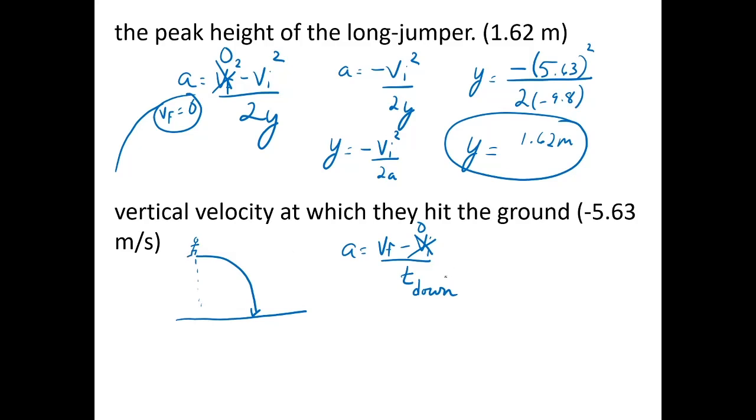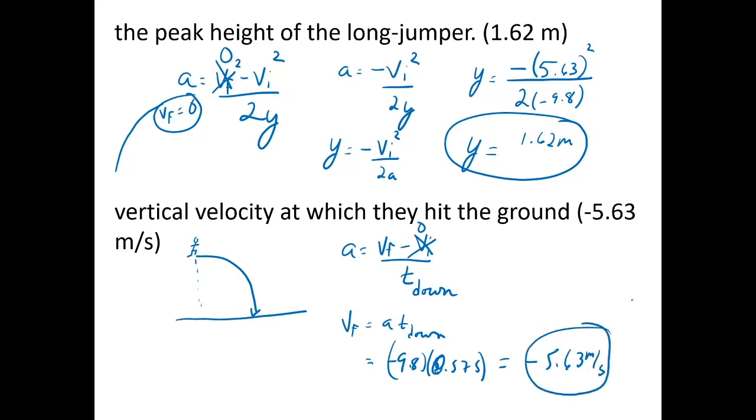On the way back down, they're starting out at 0 in the y direction. They still have x speed. And let's see what we get then. V final is a times t down. Acceleration is negative 9.8, and the time down was 0.575. It's not the full time. We're only thinking about the time down. And I'm getting negative 5.63 meters per second.